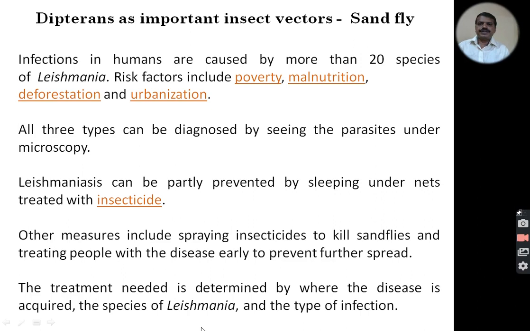Infections in humans are caused by more than 20 species of Leishmania. The risk factors include poverty, malnutrition, deforestation and also urbanization. These are the key risk factors involved in causing leishmaniasis.